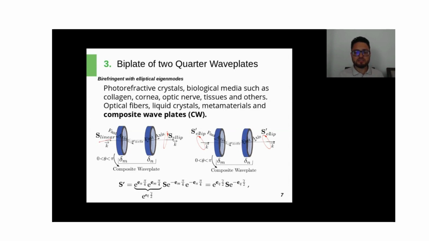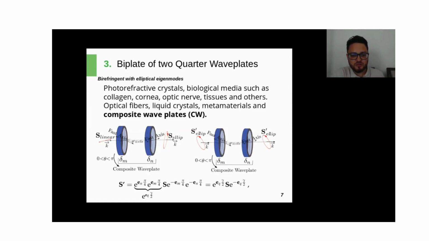This is the setup that I use. It is a combination of several linear wave plates. When we combine them and rotate one relative to the other, we obtain new eigenmodes and a new retardation. This is the main idea that we are going to work on.